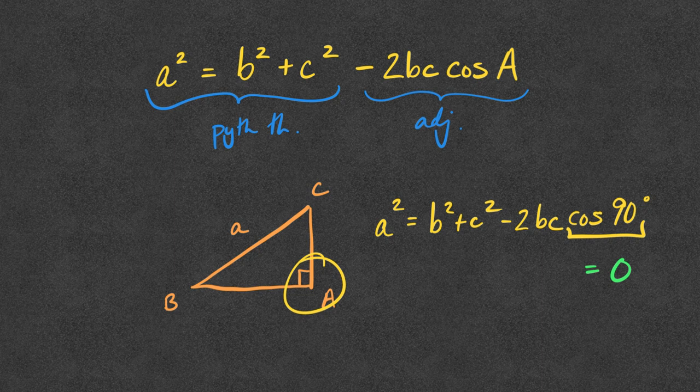Well, now what that means is if that's 0, 0 times anything is 0. And notice that wipes out the whole adjustment factor, and you are left with Pythagorean theorem. Nice, that works. Cosine law works on my right triangle. Just don't ever use it on a right triangle. Why would you ever use cosine law? Just use Pythagorean theorem. Okay, but at least that gives us a little proof.